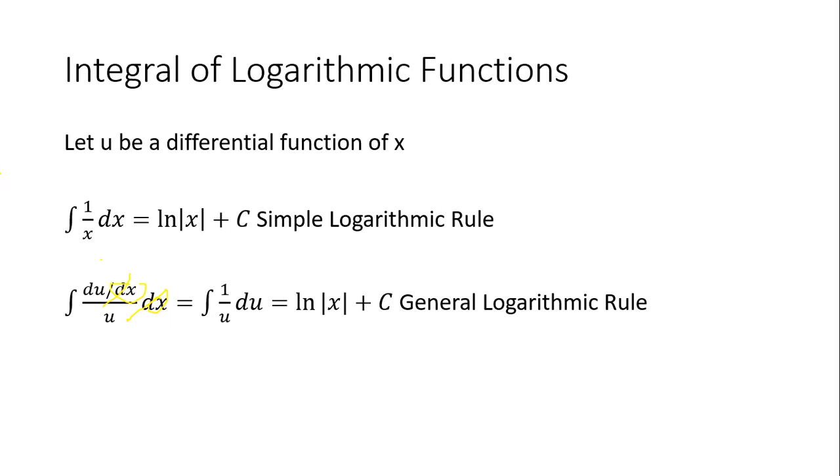So you really just have du over u. That is equal to the natural log of the absolute value of u. Excuse me, this should have been a u. Apologies for that. Plus c.